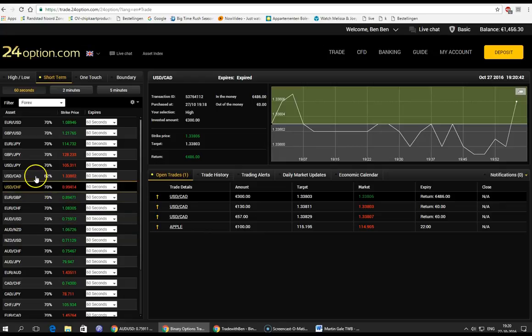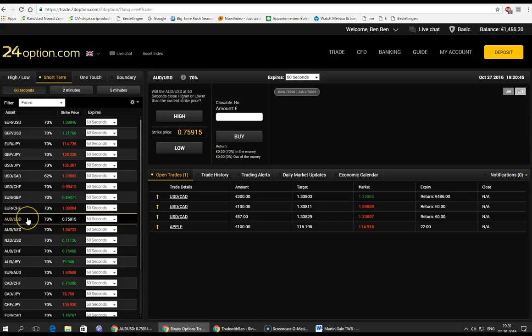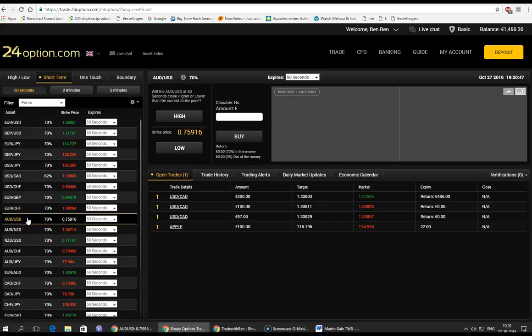So the Australian dollar and the US dollar, the one who messed us up in the beginning, has actually already started an uptrend, and you can trade with this one. You don't have to, but let's see what it does.